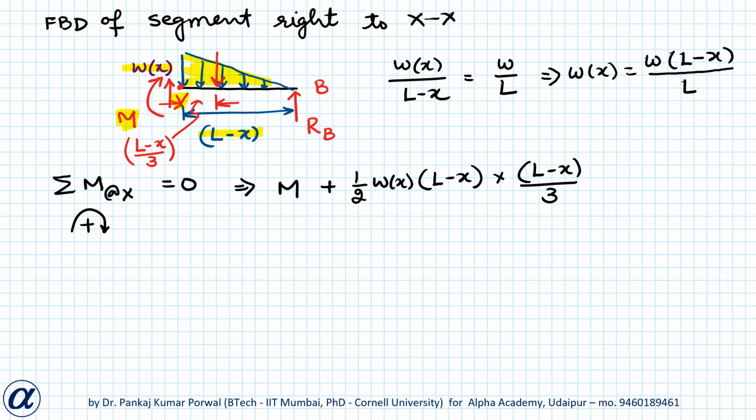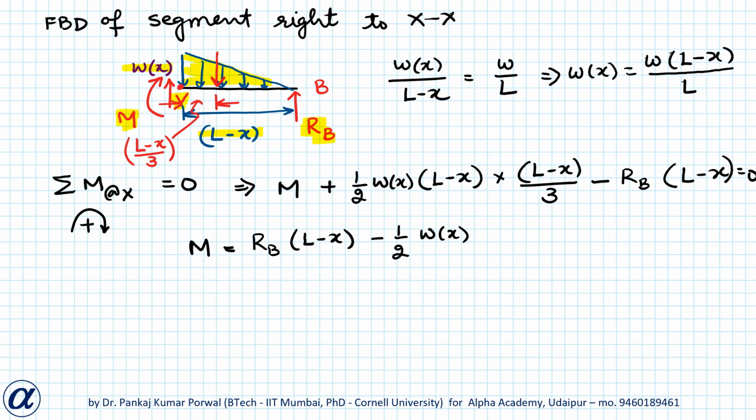The moment because of RB will be anti-clockwise. So minus RB into lever arm, that is (L minus X), equals to 0. This gives me M equals to RB (L minus X) minus half Wx into (L minus X) squared divided by 3.